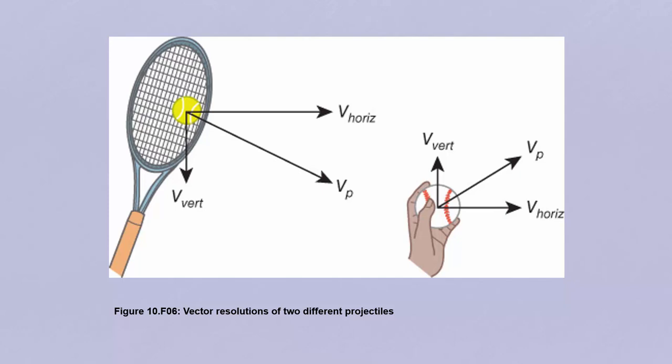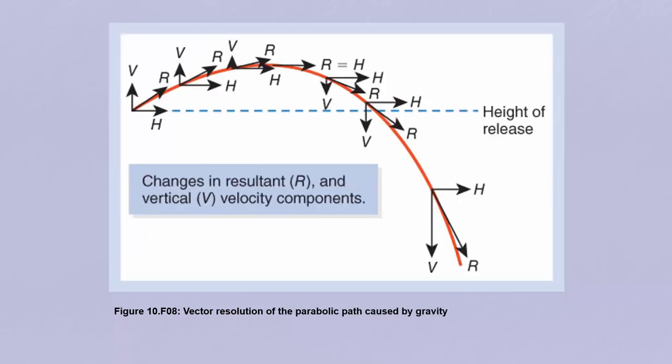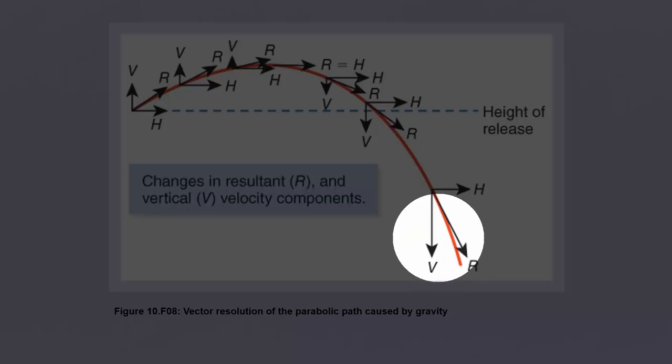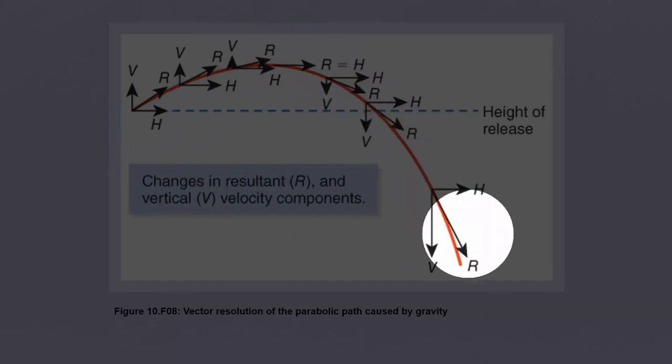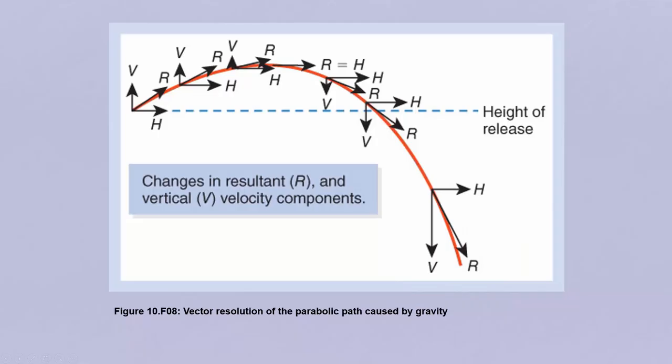So while that projectile is in the air, you could see here that as the projectile goes up and eventually comes back down, the only thing that changes, as I mentioned earlier, is the vertical velocity because of gravity, and it's going to change at a rate of 9.81 meters per second squared. So as I mentioned earlier, once it's in the air, there's nothing that person or the athlete can do to change the trajectory of the projectile.